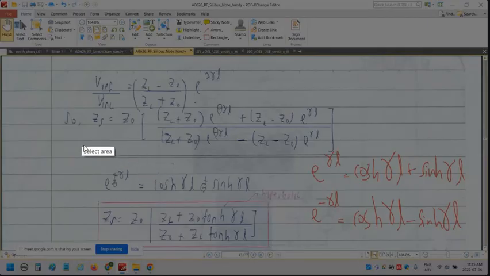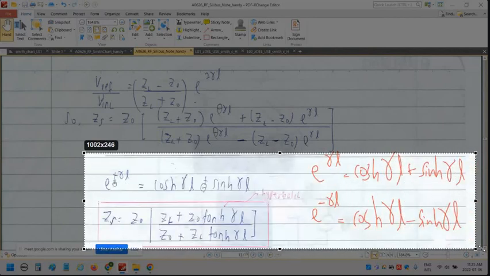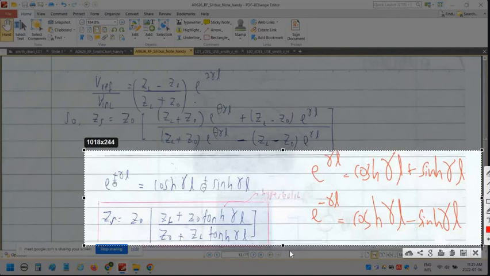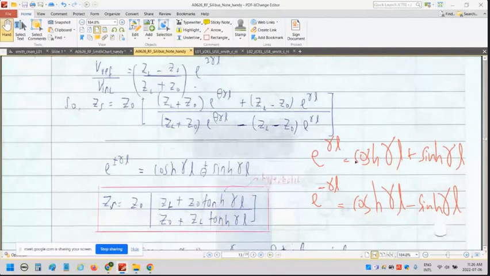When you want to expand, e to the gamma L equals cosh gamma L plus sinh gamma L. If this one is negative, it is cosh gamma L minus sinh gamma L. Write this formula.